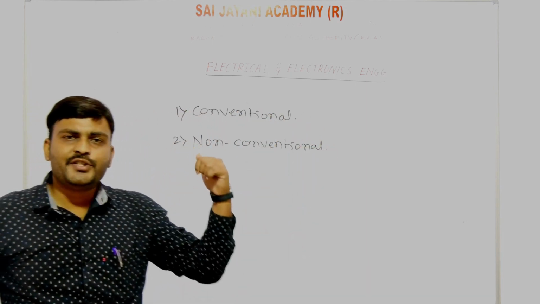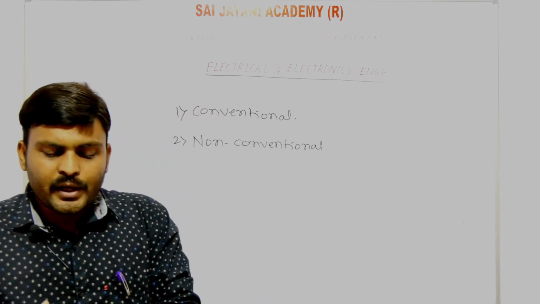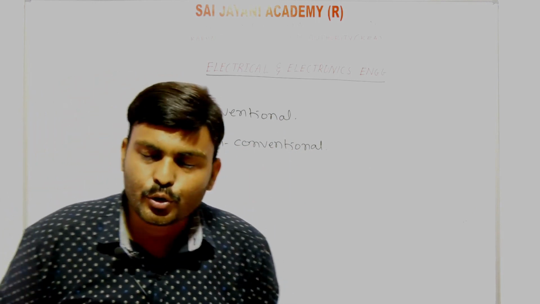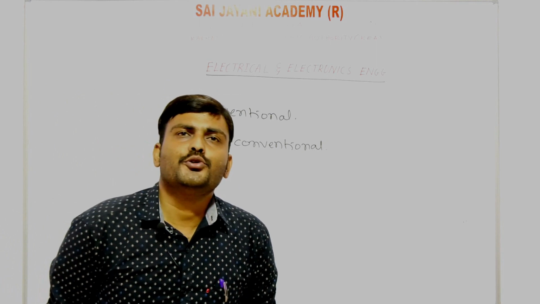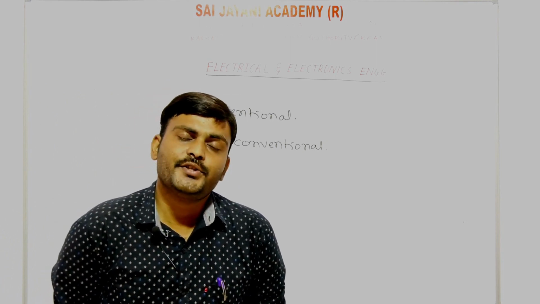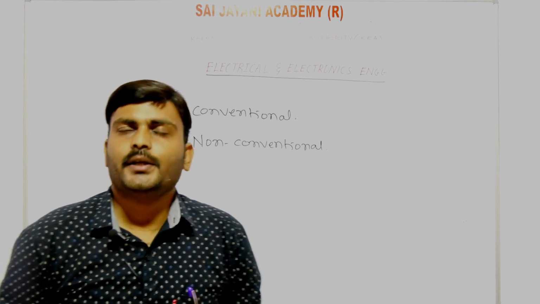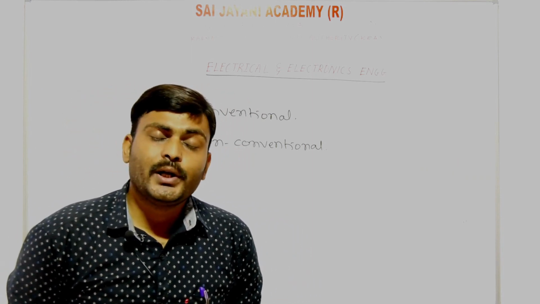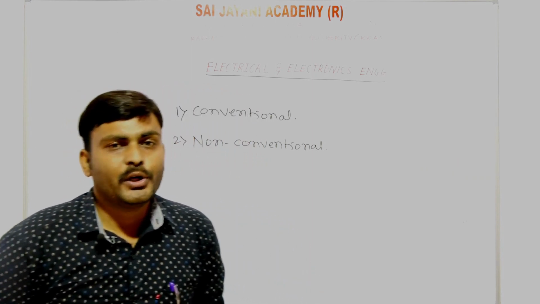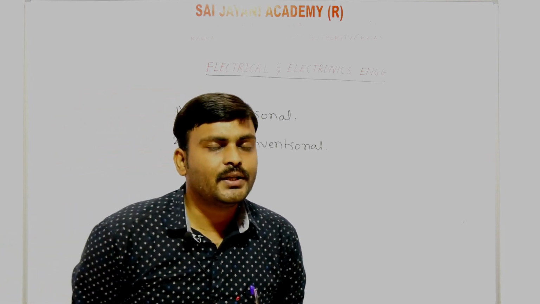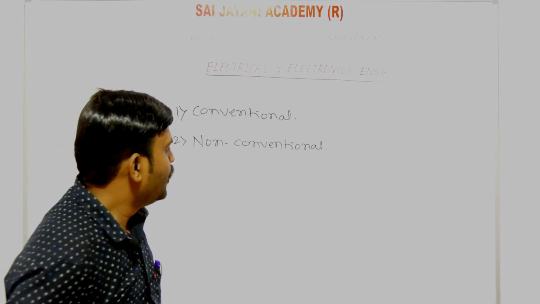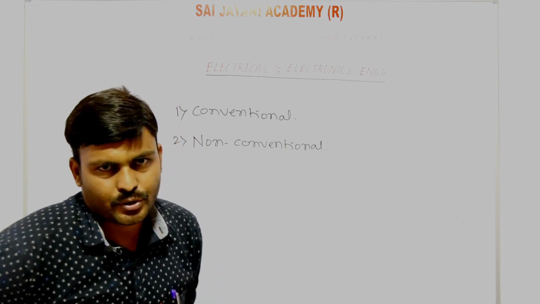Conventional energy sources are the energy sources which we use conventionally or traditionally or by our regular practice, like hydroelectric power plant, nuclear power plant. So these are the conventional energy sources.